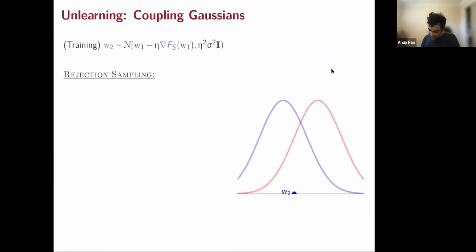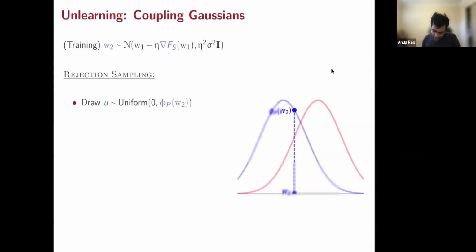So we do a rejection sampling, but the main difference is in the second step. Like before, we have a sample. We have already trained on dataset S, and W_2 is the trained algorithm on S. We sample a uniformly random number.